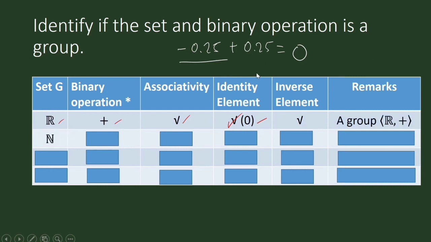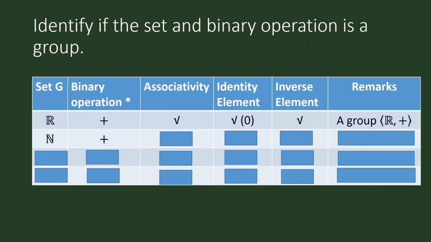How about the set of natural numbers and the operation of addition? Again, a group is a set and an operation, in particular a binary operation, in this case the operation of addition. Is it associative in the set of natural numbers? Yes. Does it have an identity element? None. The identity element for addition is 0, but 0 is not to be found in the set of natural numbers.